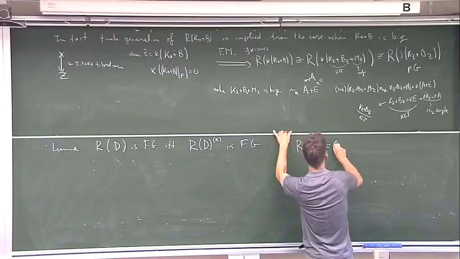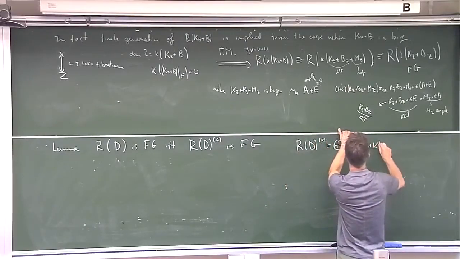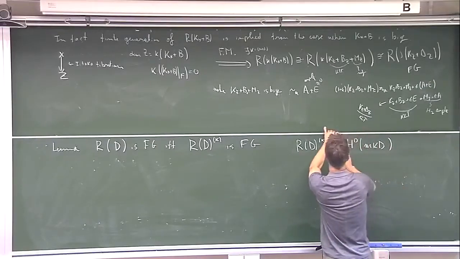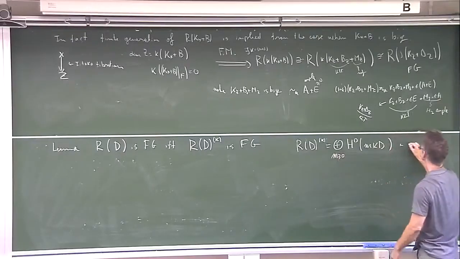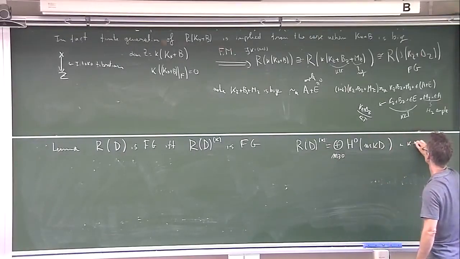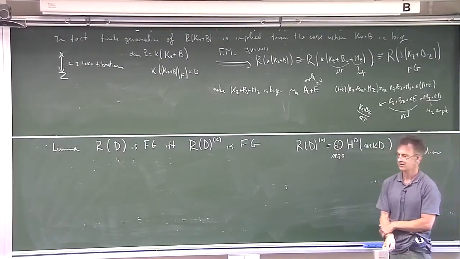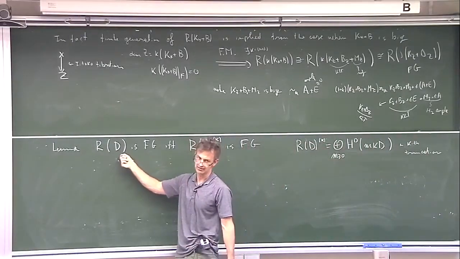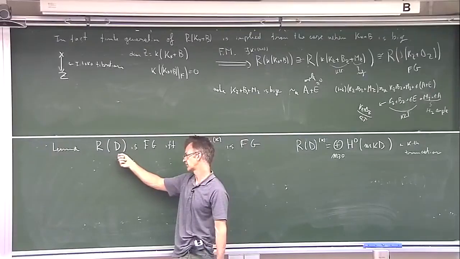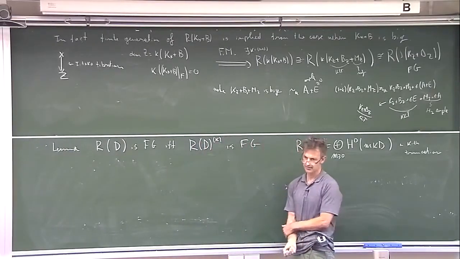This is going to be the direct sum of H0(mkD) for any m greater or equal to 0. So often people call this the kth truncation. So the claim is that this ring is a finitely generated algebra over the complex numbers if and only if the corresponding truncation is.